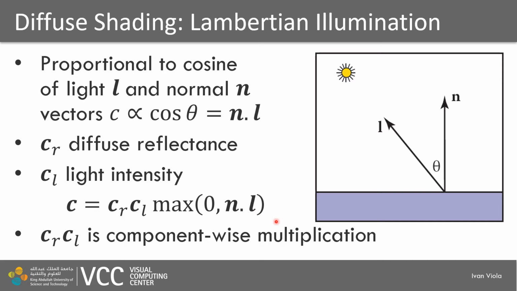Therefore, we have this nonlinear max term here. And then we are multiplying this term, which is a scalar value, with all the color components of the light. And we are performing here a component-wise multiplication between the light color and the diffuse reflectance term. So this will be the way how we are performing the shading.